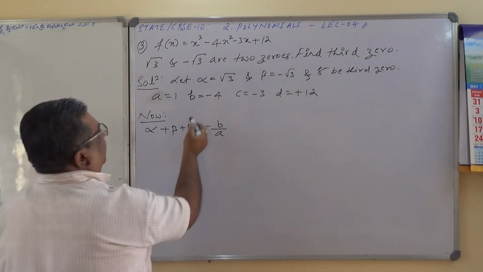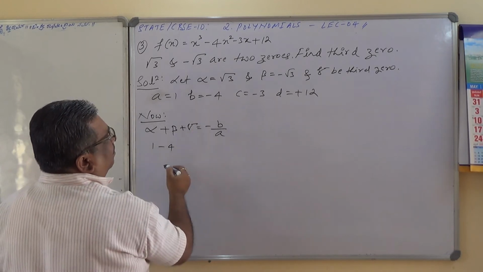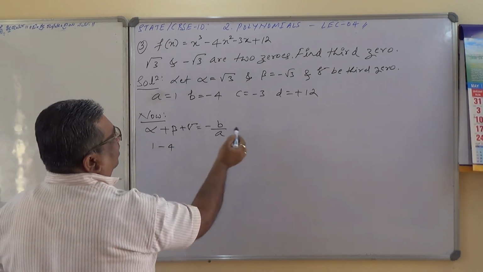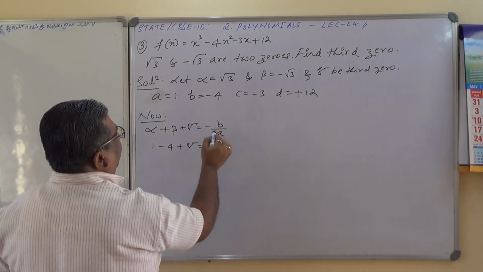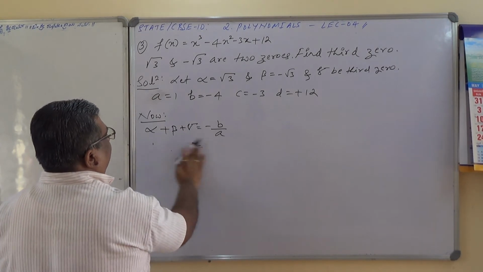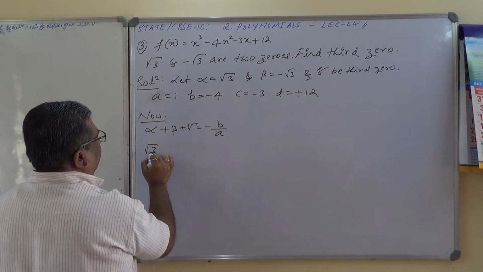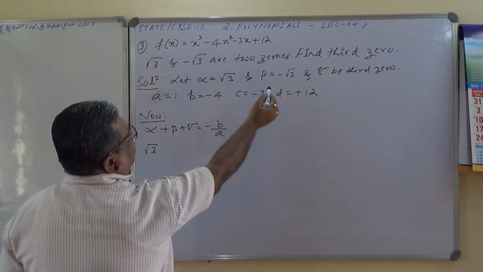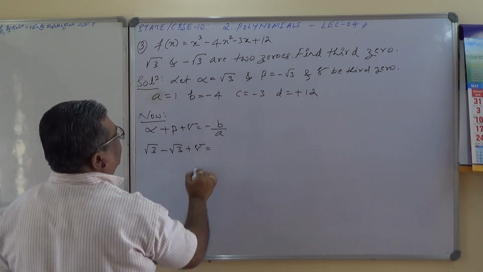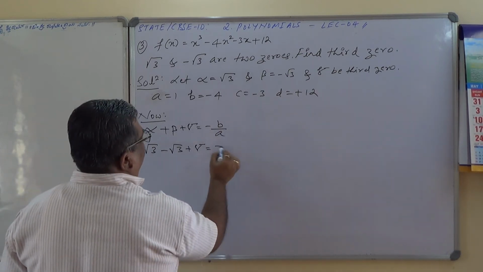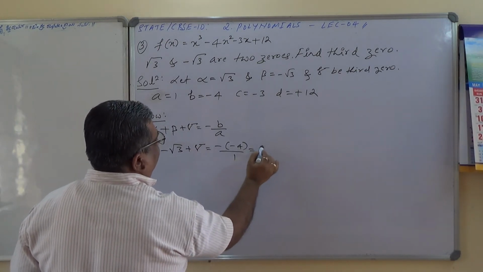Alpha is root 3 and beta is minus root 3, plus gamma equals minus b by a, minus of minus 4 divided by 1, which equals 4.